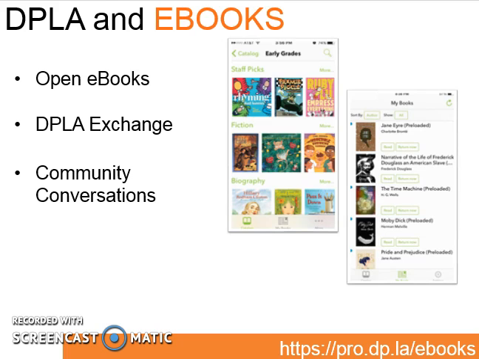DPLA is a partner in the Open eBooks initiative, the partners being New York Public Library, First Book, and educational technology company Clever. They offer content support with Baker and Taylor. You can learn more about Open eBooks at openebooks.net or by visiting the eBooks page of DPLA's site.